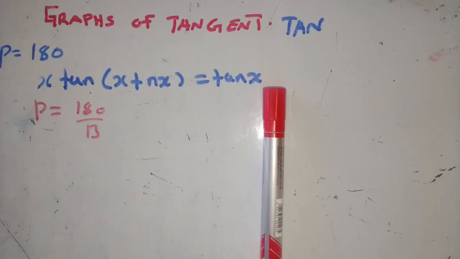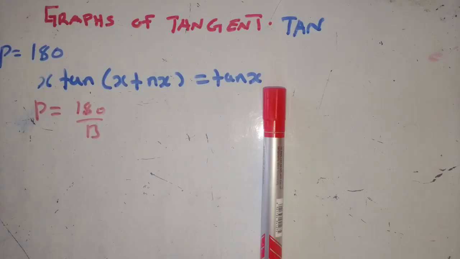I believe we know this because we have been doing these things for a while. So I've talked of two important things. I've said that the graph of tangent has a period that cannot exceed 180 degrees, and it's given by the formula 180 over b, where b is the frequency.